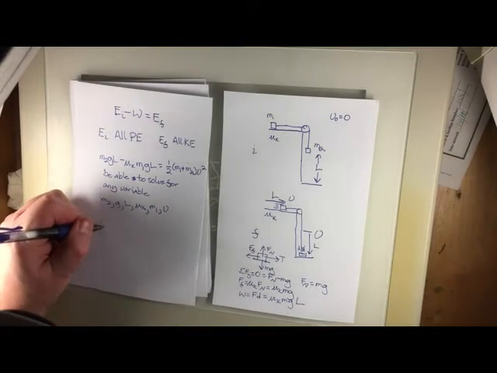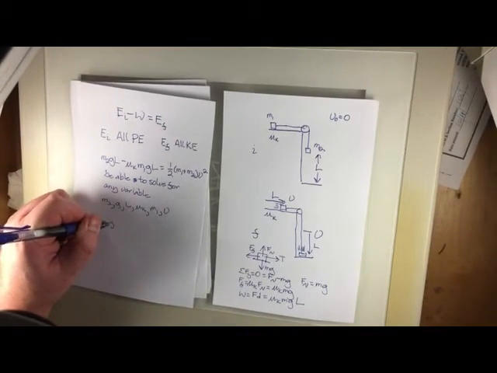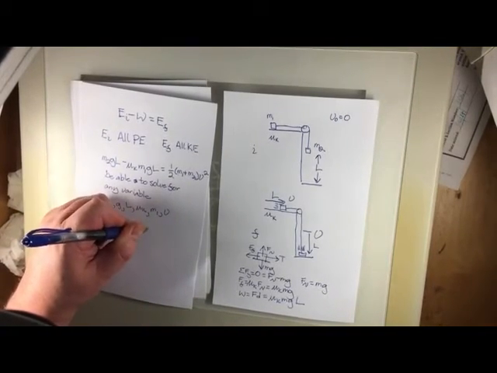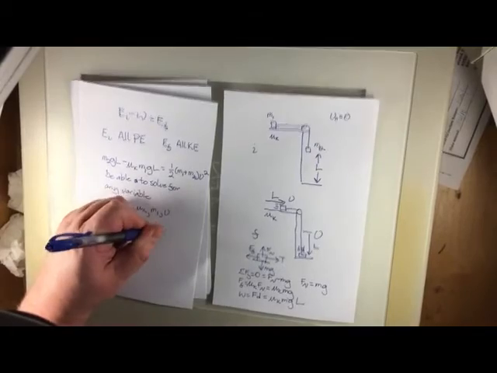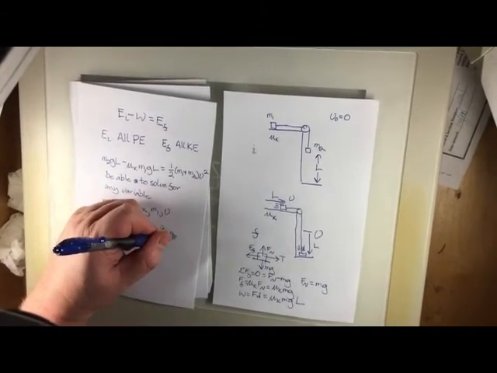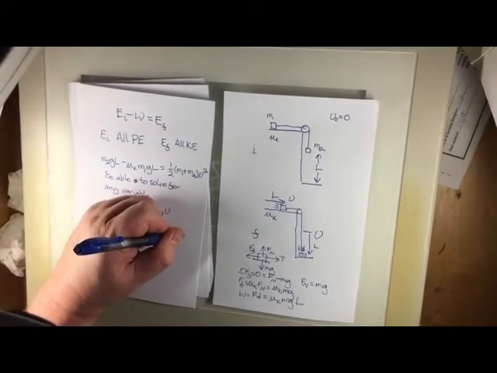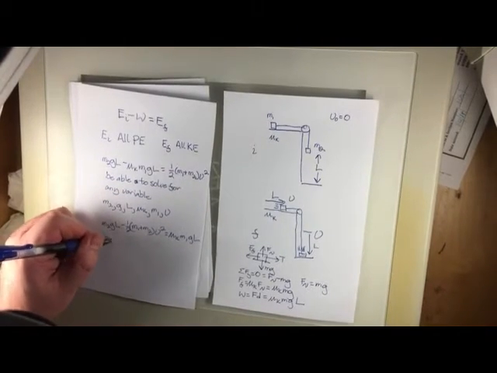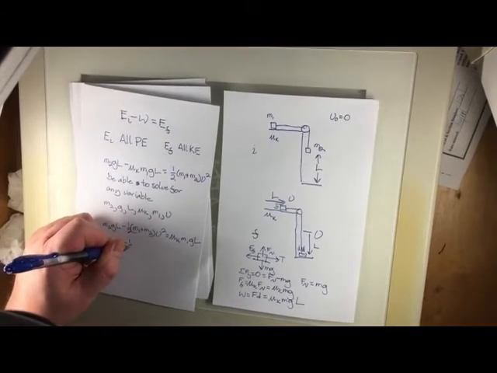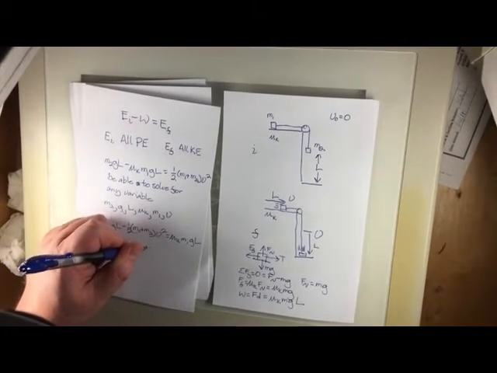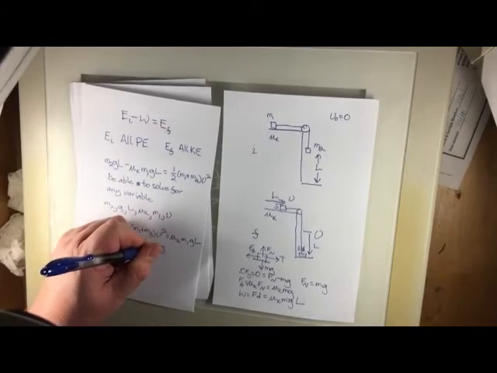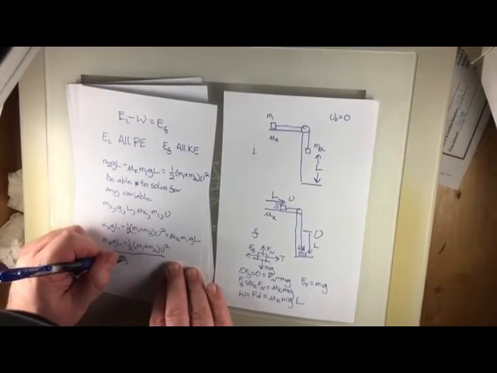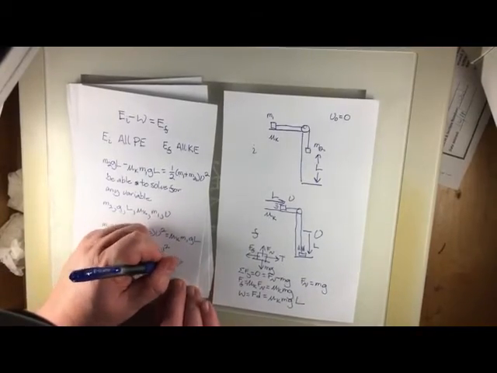Well, to isolate mu sub k, M2GL minus 1/2 (M1 plus M2) V squared is equal to mu sub k M1GL. So M2GL minus 1/2 (M1 plus M2) V squared, divided by M1GL, is equal to mu sub k.